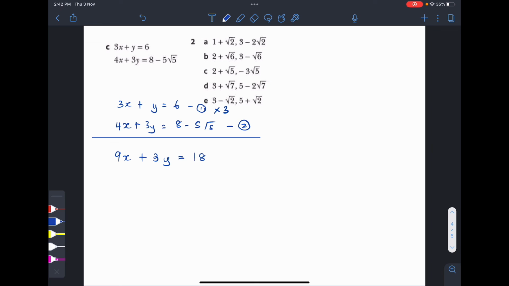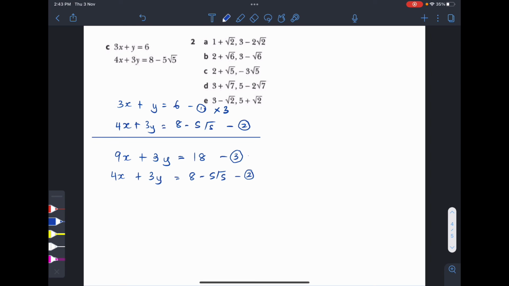9x plus 3y equals 18, and this is my equation number 3 right now. Okay, so just gonna copy back equation number 2. So 4x plus 3y equals 8 minus 5 root 5. This was my equation number 2, right? So what should we do here? Let's minus, right?